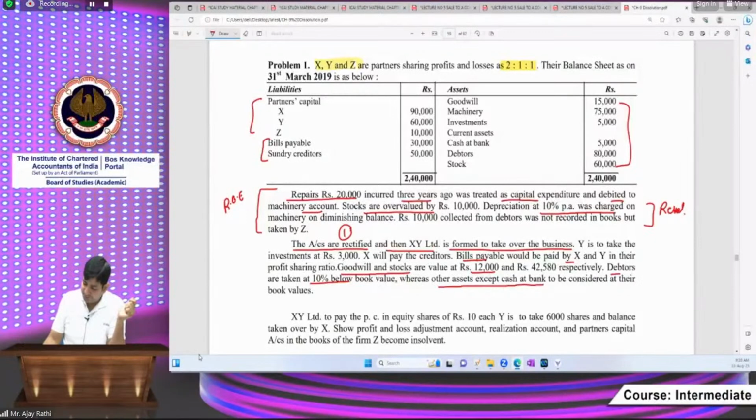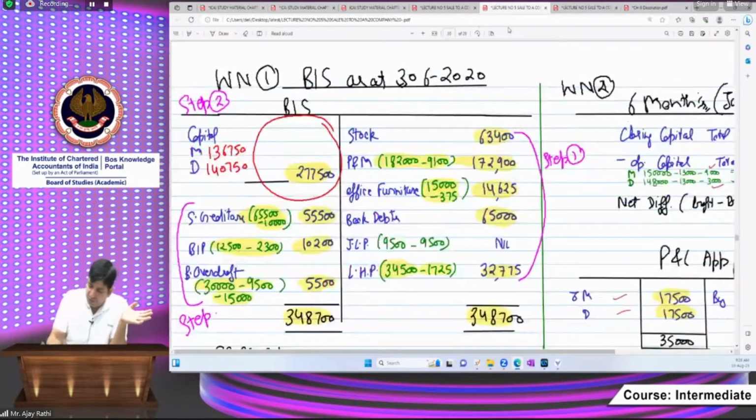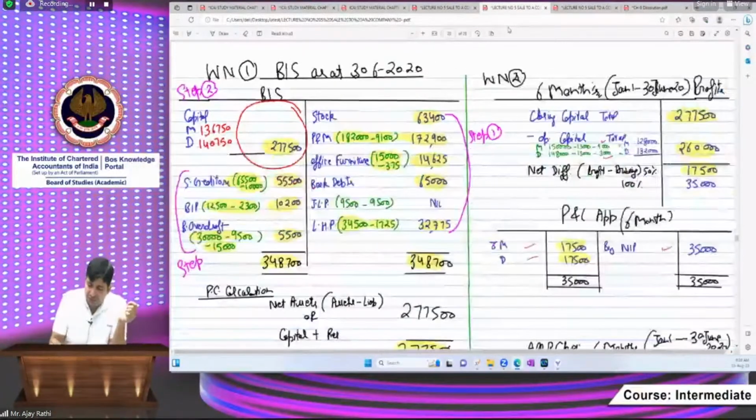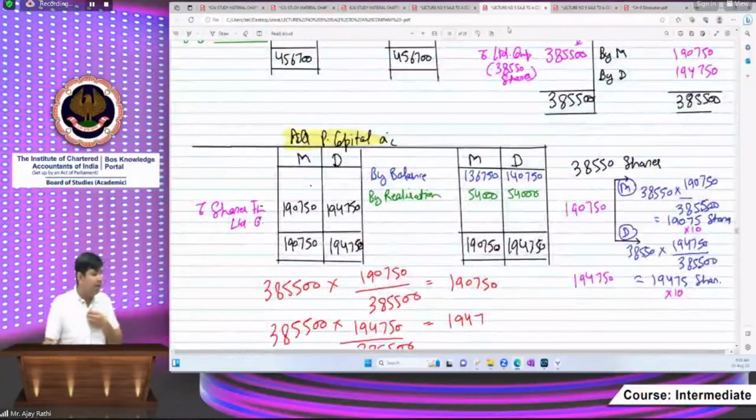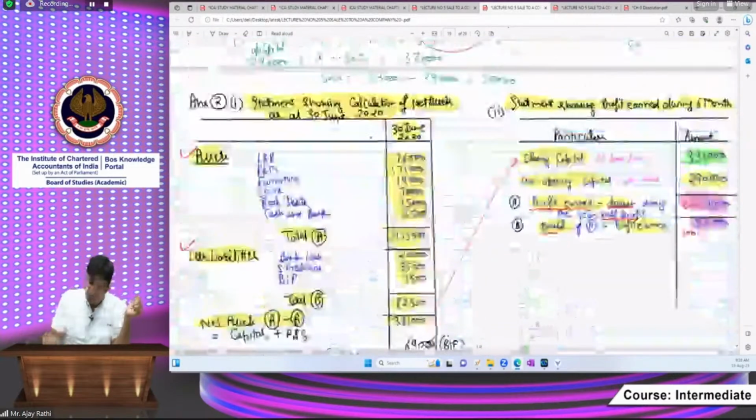Beta, see, I have solved this with a clear working note. Sir, please switch off the AC once. Wait a minute, beta. Anyways, please come to the solution of illustration number 1.